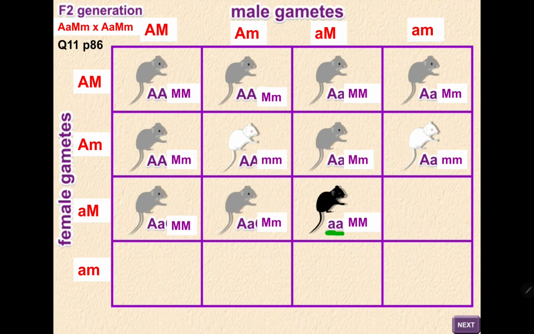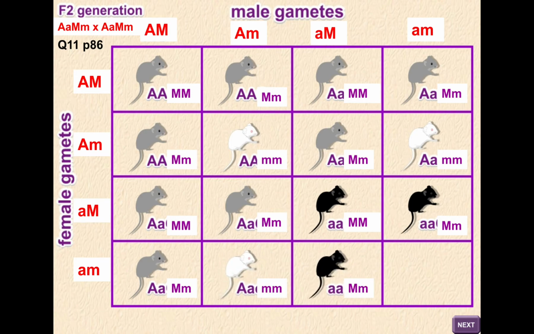But not only does it need to have the recessive condition in the A gene, it also needs to have one of these dominant M genes. We move on through, we see another black mouse. This time it is heterozygous for M. Grey mouse. Another white, black, and white.